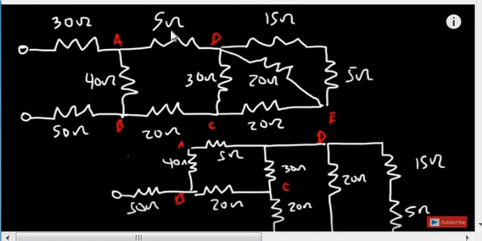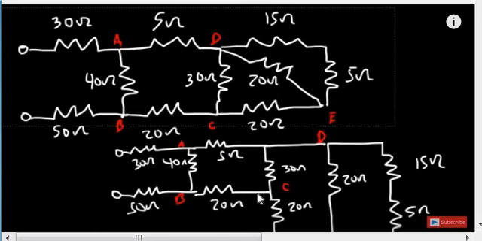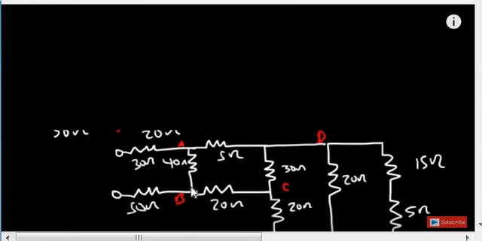At D point 5 ohm is also connected, up to A point. So between D and A it is 5 ohm. Then this 20 ohm is connected between B and C. This is how we can simplify this network.